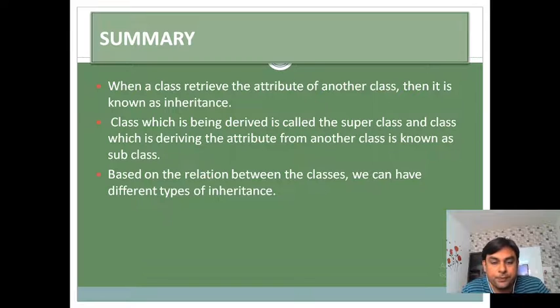Whatever new class you create from an existing class is called a subclass. Whenever you implement inheritance, you are creating a relationship between classes, and based on the structure you create between these classes, we can have three different types of inheritance that we have already seen in this lesson: single, multi-level and hierarchical inheritance.